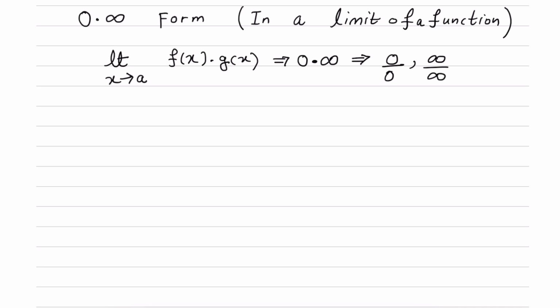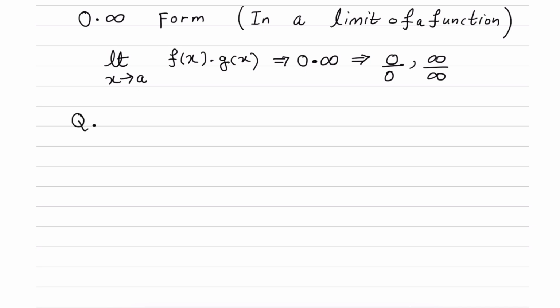Because if you are able to rewrite your function and get 0 by 0 or infinity by infinity, then you can apply the L'Hopital rule, simplify your expression and then apply the limit. So let's try to understand this by solving a problem.